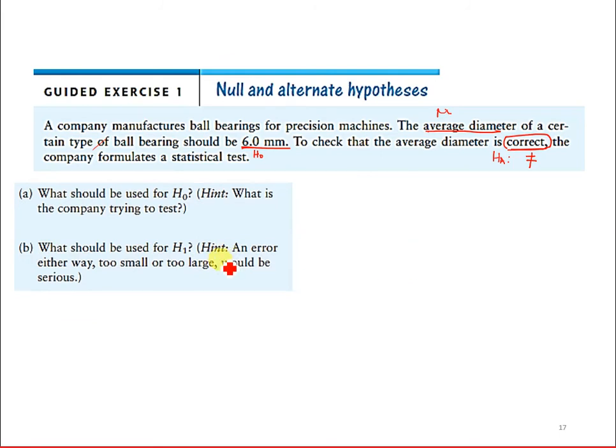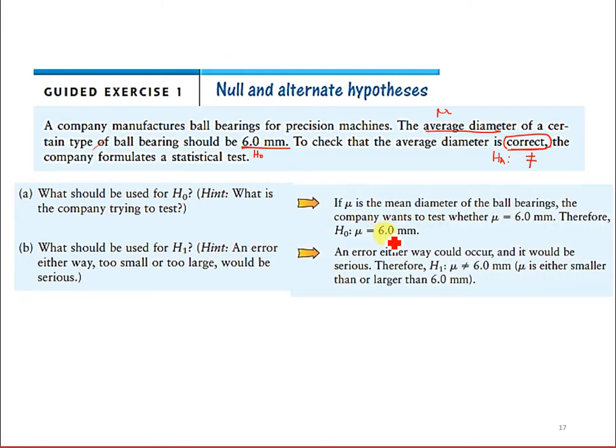So when we write about it, if mu is the mean diameter of ball bearings, the company wants to test whether the mean is 6 mm or not. Therefore H naught is mu equal to 6 mm. For HA, this is what I said, the hint: they say it's correct or not, so the error can be in either way. The diameter can be too small or too large, right?